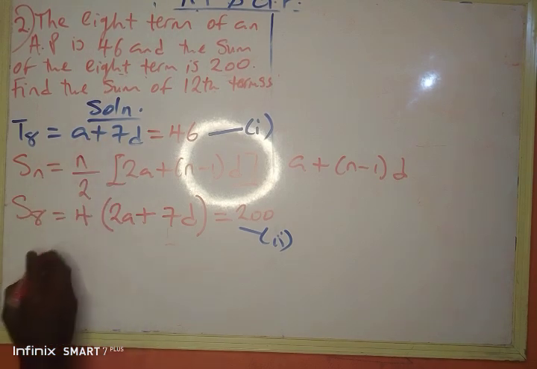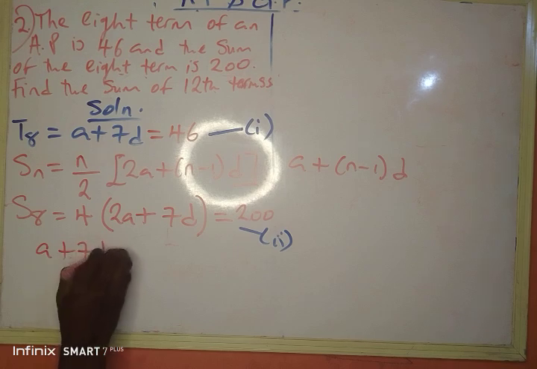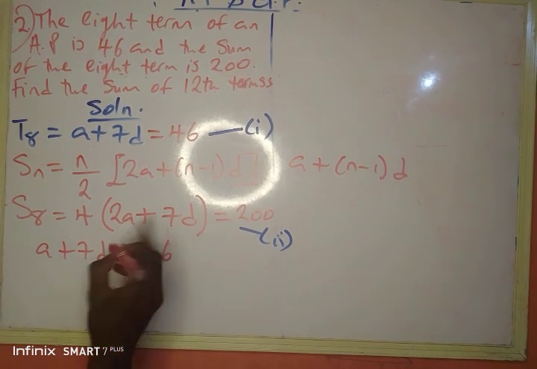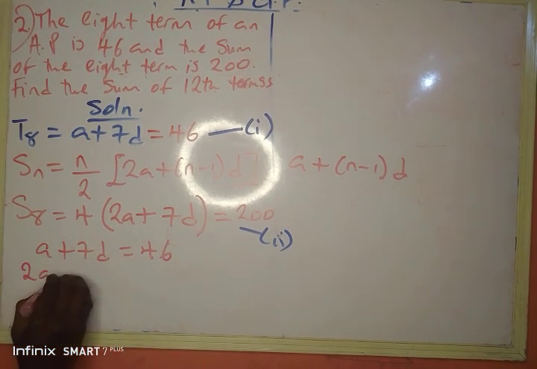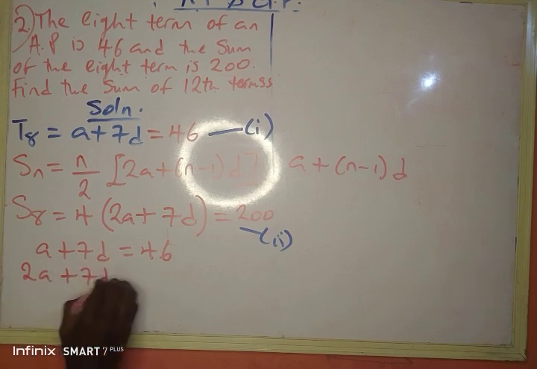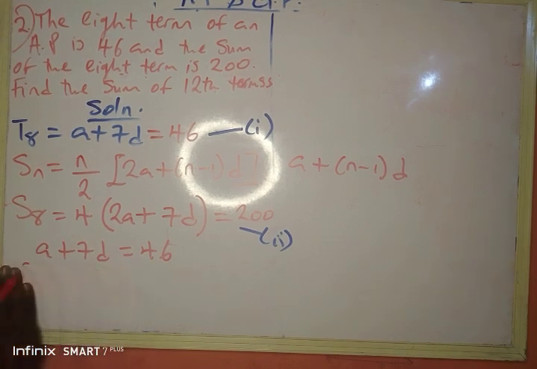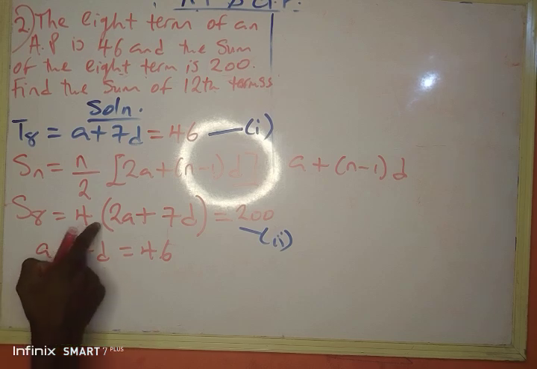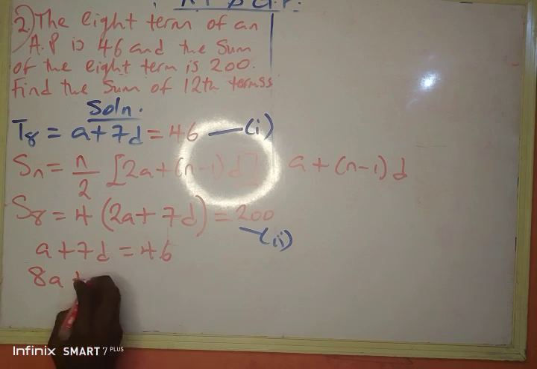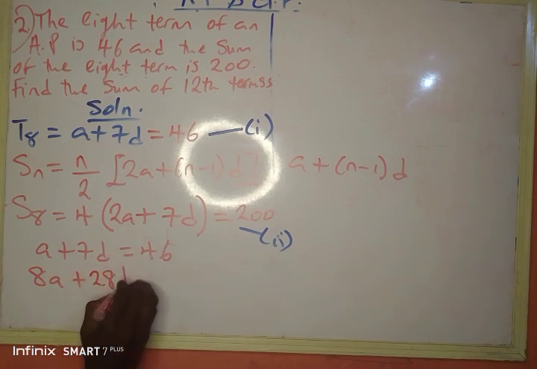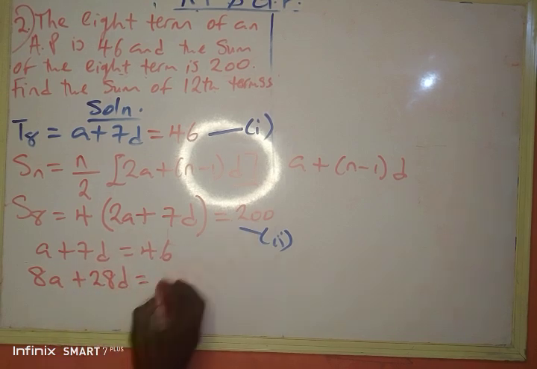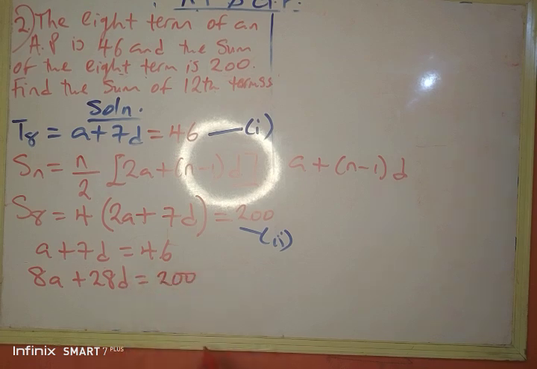You can say from equation 1, a plus 7d equals 46, and also 4 times 2a, that's 8a, plus 4 times 7d, that's 28d, equals 200. So from here, can I actually use the elimination method?